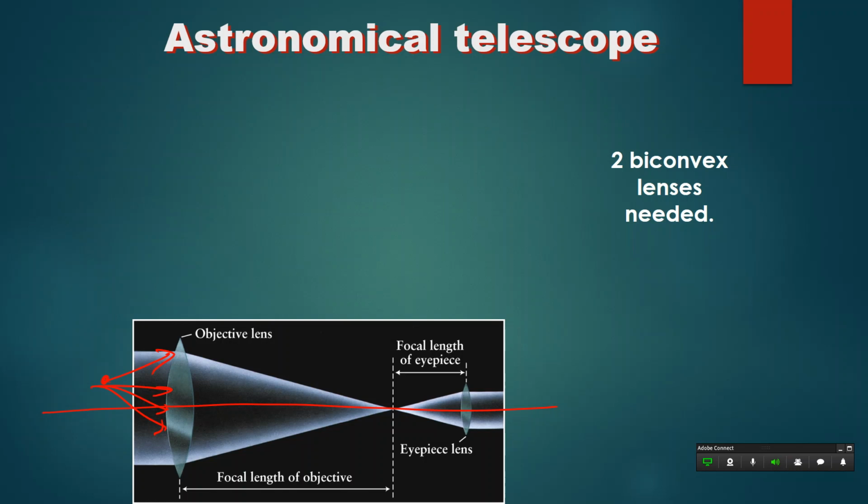But if we were at this distance here, all of my rays would almost look exactly the same, right? So here's my parallel one. This is going to be the one that goes to the center of the mirror.